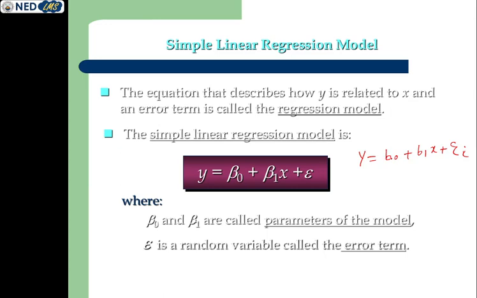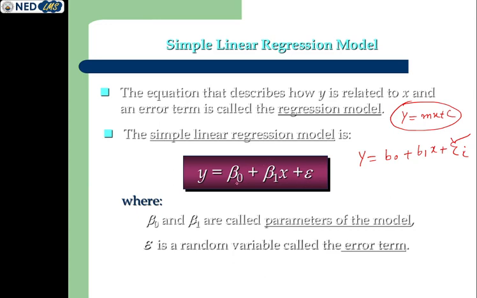Students, see this one. This is exactly the same equation you read in the intermediate classes: y equal to mx plus c, the slope intercept form. We use mx plus c instead of b1 x plus beta naught, and one more extra thing is involved, epsilon i. We will discuss what that is.